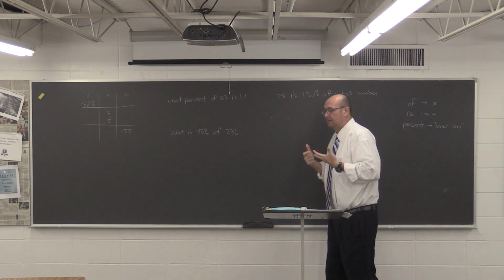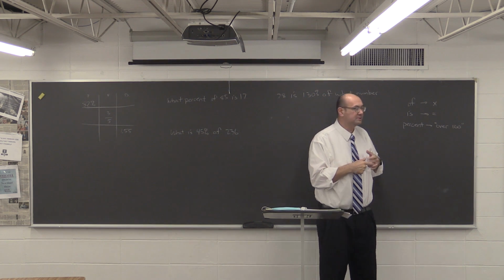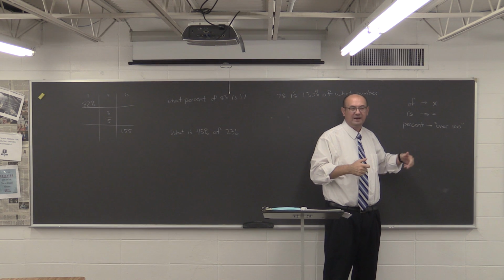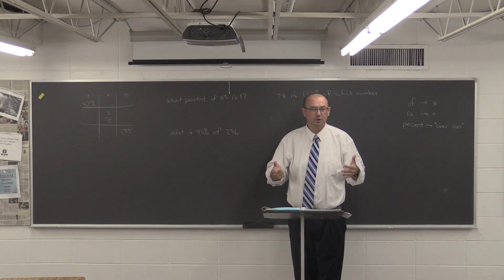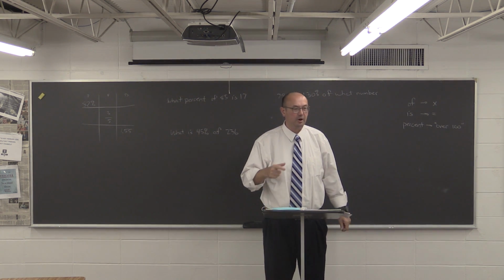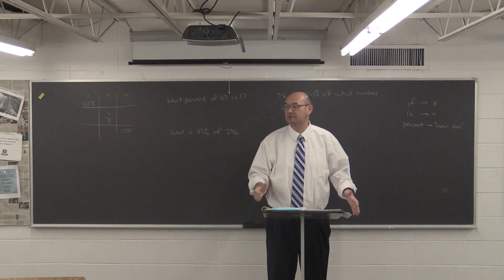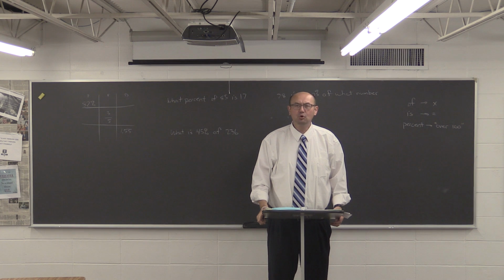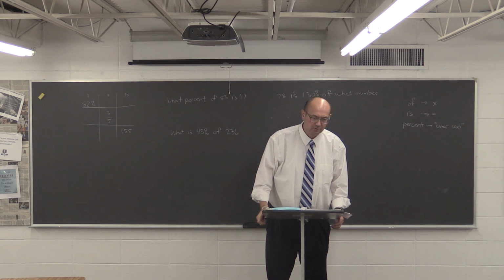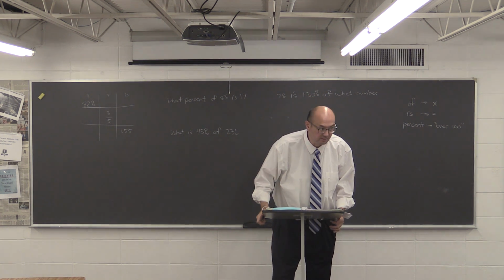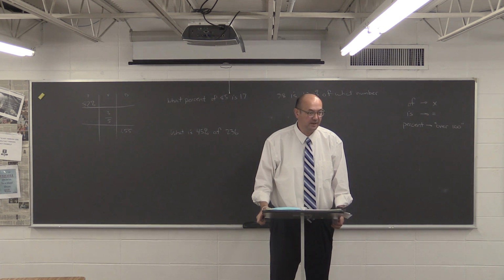Now, when you think about a percent, you always have to think of two words, all right? Over 100. If I say 17%, you know what I'm automatically saying? I'm automatically saying 17 over 100, okay? If I say 83%, all right? If you were talking to the doctor, and the doctor said you had an 84% chance of living through this surgery, would you like that?